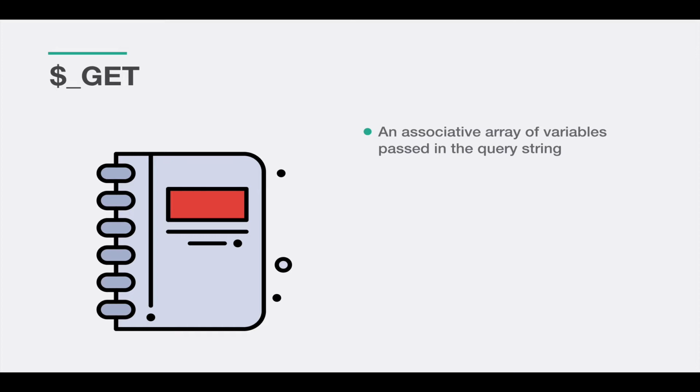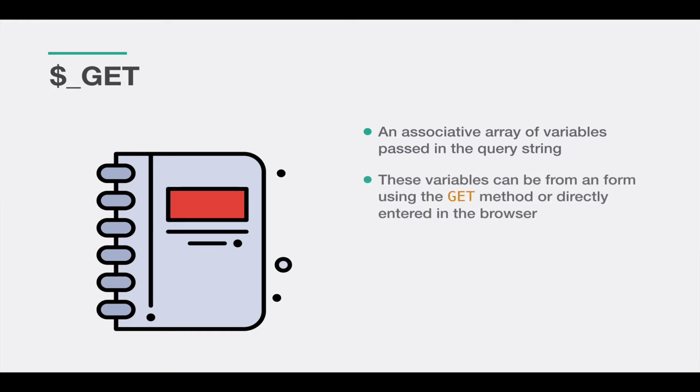It's the same thing. The get array allows us to get those variables. These variables can be passed from a form that uses the get method, or you can enter them directly into the browser, which is the more common one.